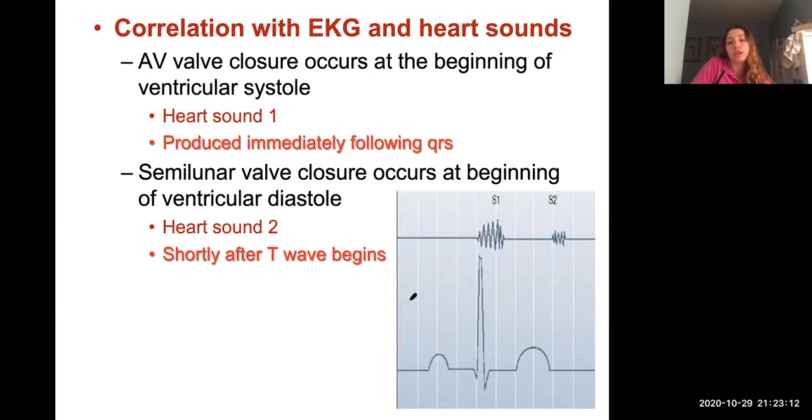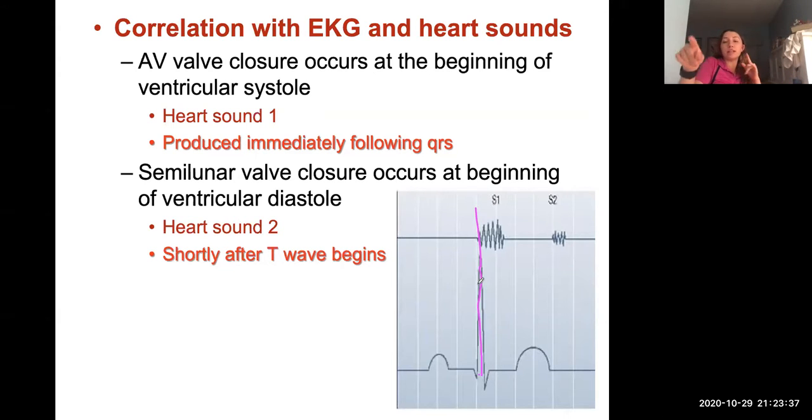The only reason I wanted to bring that up is because right here, you see how about halfway through, that's when the first heart sound is. You see how the first part of the upslope is just showing you that the cells are depolarizing and no contraction has happened.